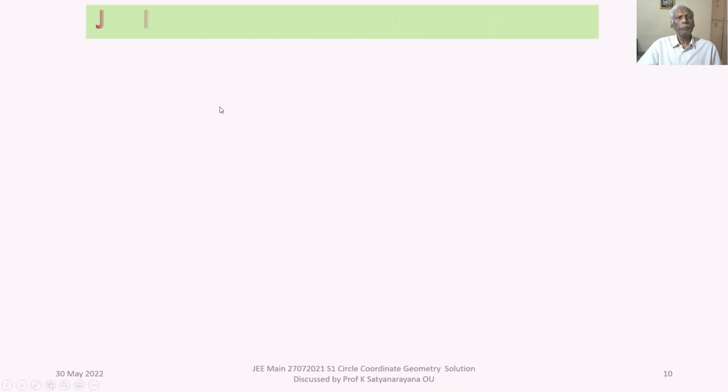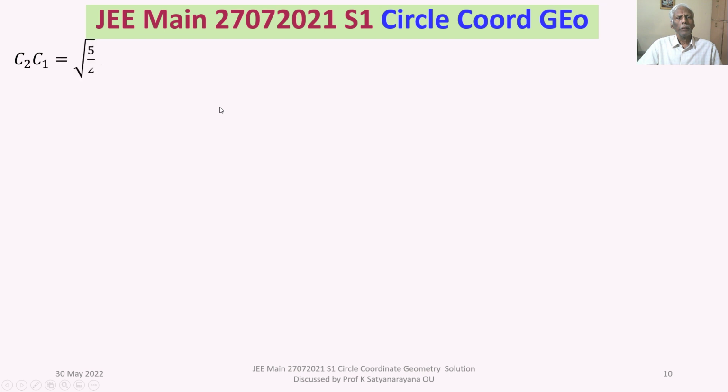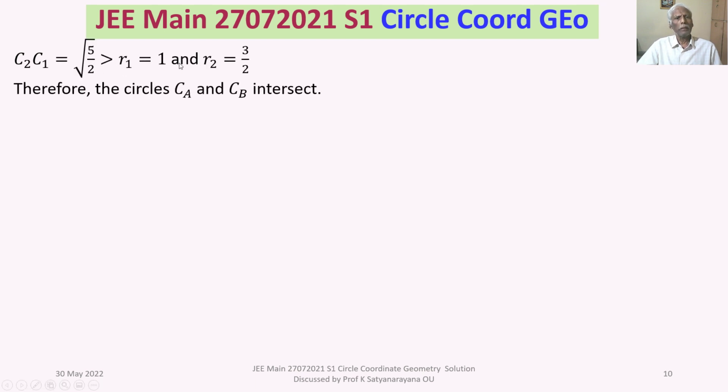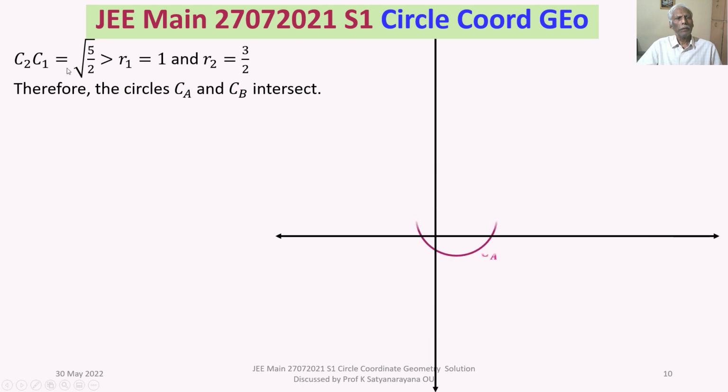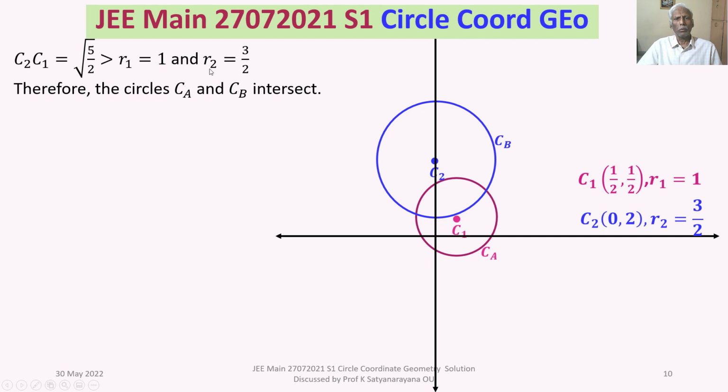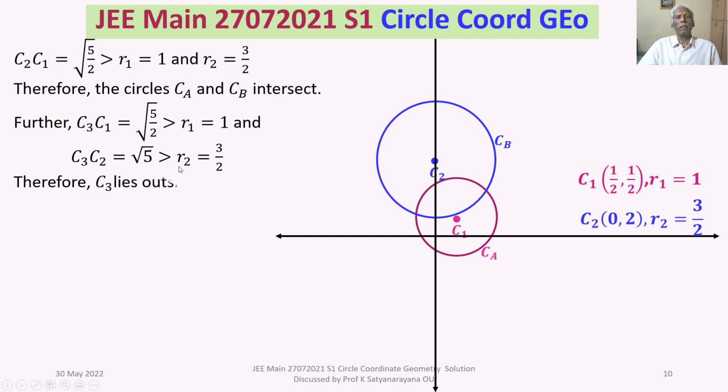Now, C2C1 is greater than R1 and also greater than R2. Therefore, CA and CB intersect. And further, C3C1 is greater than R1 and C3C2 is greater than R2.